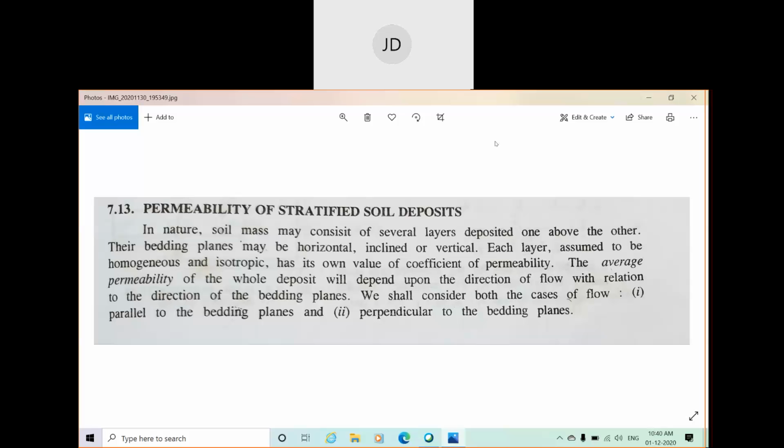Their bedding planes may be horizontal, inclined, or vertical. So these things, I think you will get in geology. Each layer of stratified soil is assumed to be homogeneous and isotropic and has its own value of coefficient of permeability.